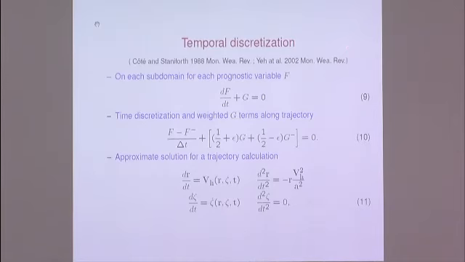Each prognostic equation can be written like this. So we do time discretization along the trajectory. This trajectory is an approximation of these systems. For vertical displacement, we suppose acceleration 0 as usual in semi-Lagrangian, but for horizontal, we try to keep the motion on the spherical surfaces. Small r is the position on the sphere.